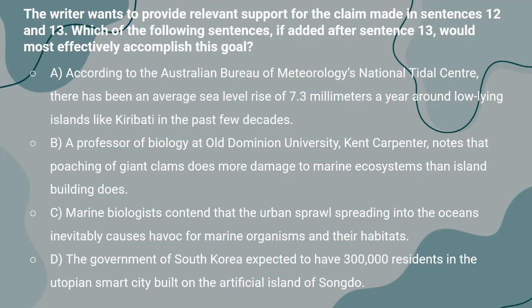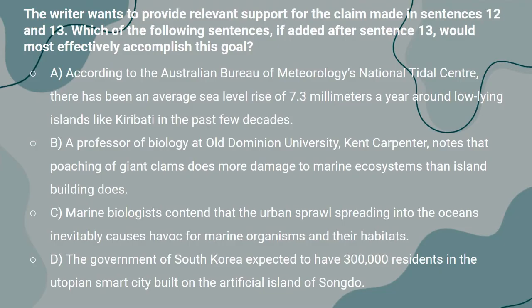B: A professor of biology at Old Dominion University, Ken Carpenter, notes that poaching of giant clams does more damage to marine ecosystems than island building does. This is also not a great answer. Because again, it's saying not everyone thinks so, we're looking for a negative response, not a positive. This is more of a positive response, saying poaching of giant clams is worse than island building. So let's get rid of that one.